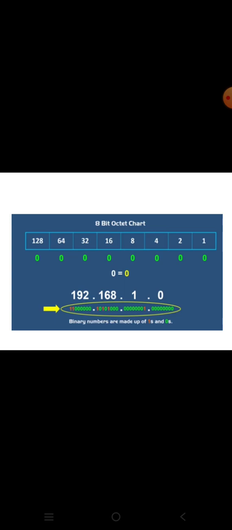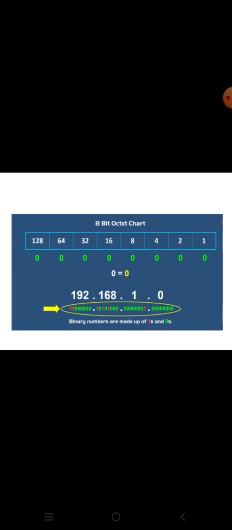Now we'll see the subnet mask. For 192.168.1.0, the subnet mask will be 255.255.255.0.